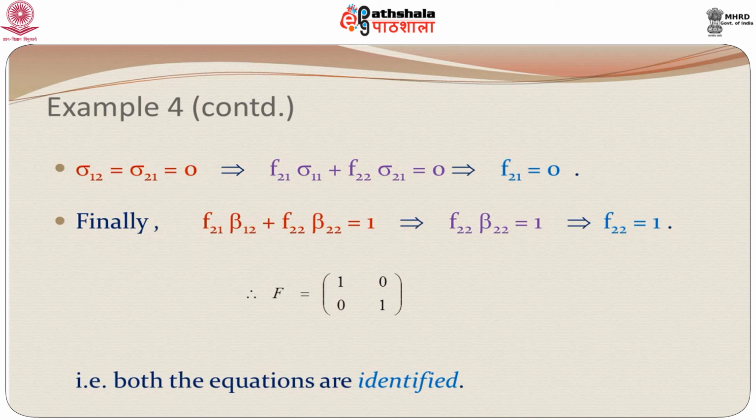So, what we saw is, in some cases, particularly when we are looking at cross equation restrictions and variance type of restrictions, the rank and order conditions do not work, because it would be difficult to formulate those two conditions. Instead, what we can look at is, we can look at this F matrix and look at the type of admissible matrix that we can have. So, a particular diagonal formatted admissible matrix allows us to identify the equations.